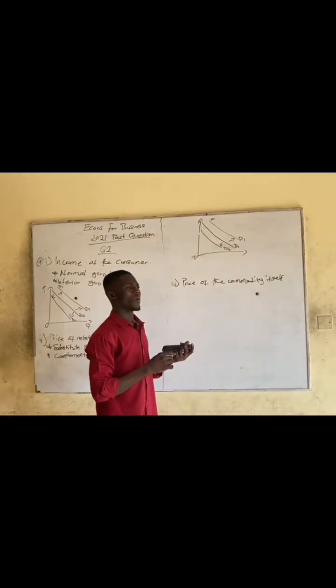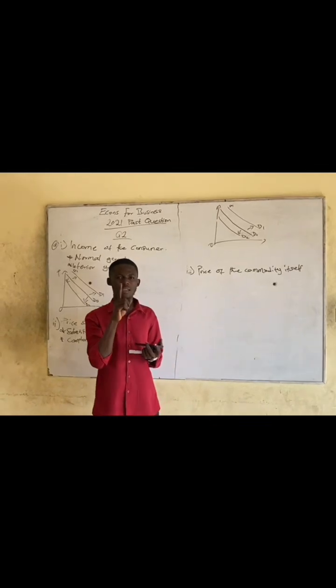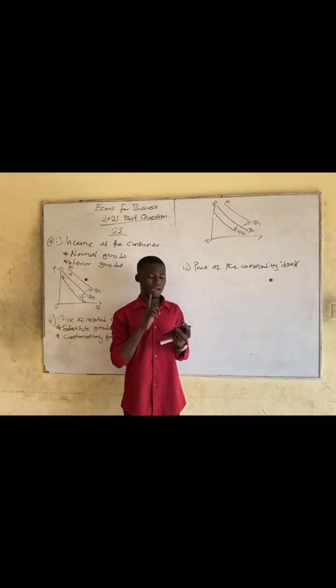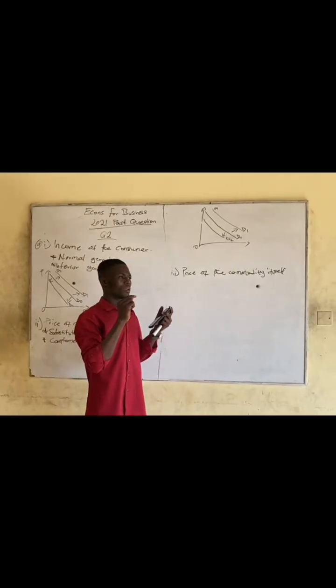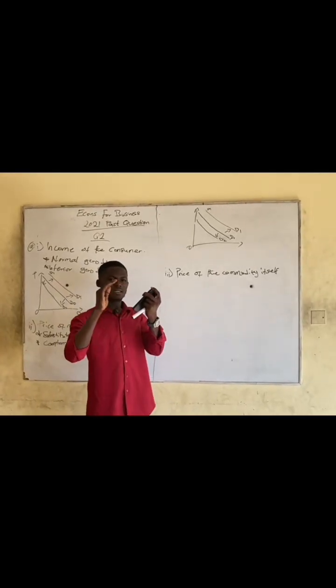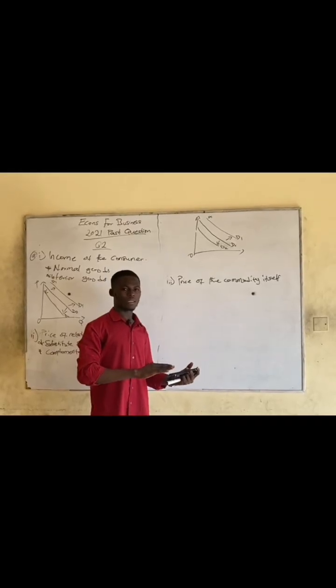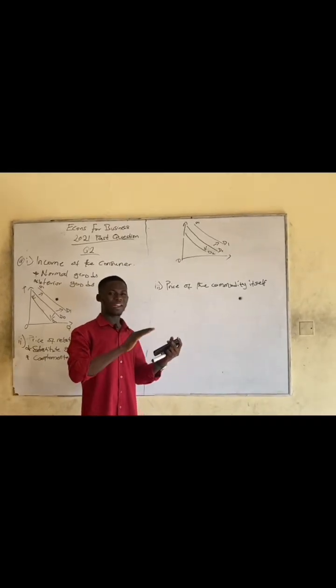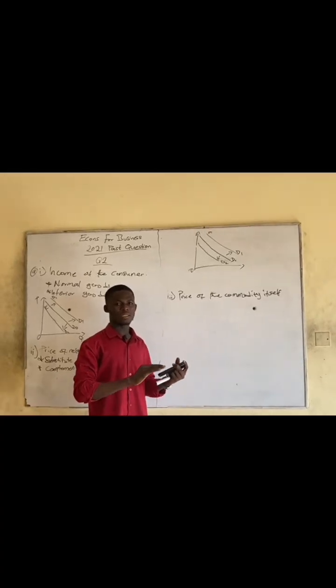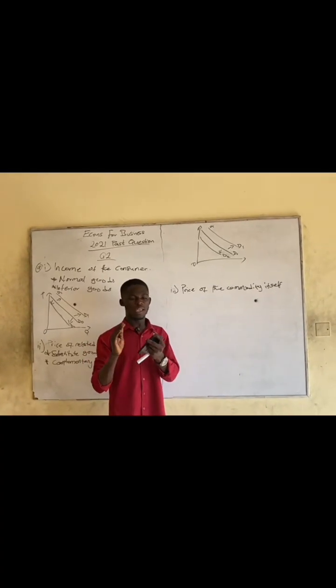One thing you have to take note of is the law of demand: the higher the price, the lower the quantity demanded, and the lower the price, the higher the quantity demanded, all things being equal.